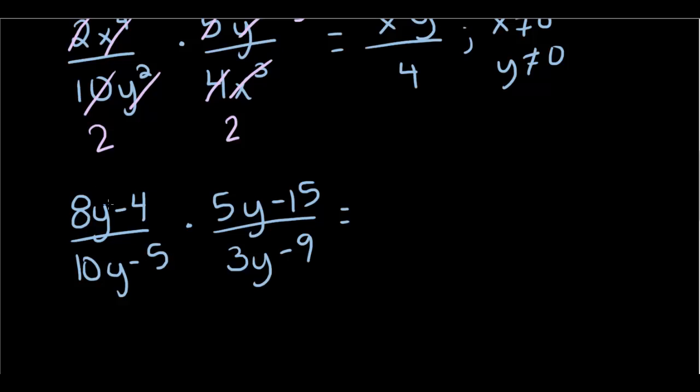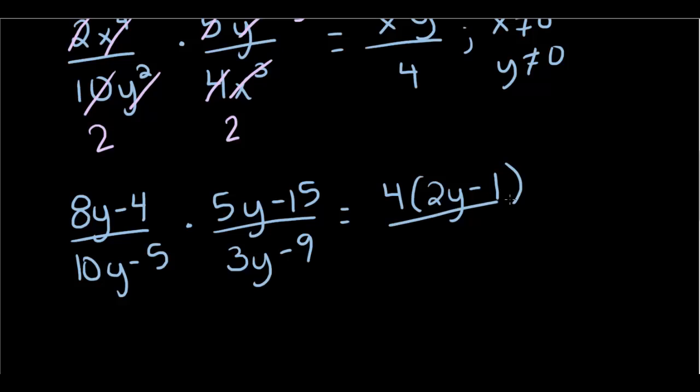So I'm going to start by factoring this. So 8y minus 4, the common factor is 4. And then I will have 2y minus 1.